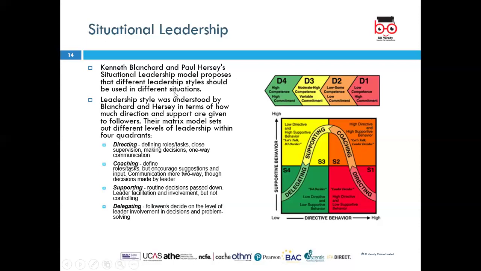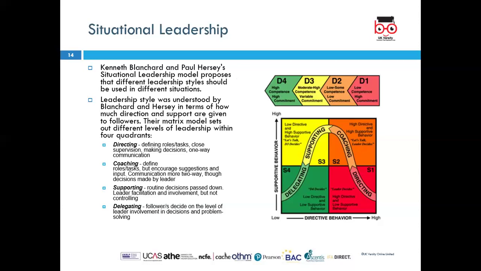So these two persons, Blanchard and Hersey, worked on situational leadership. It's a model that says that different leadership styles should be used in different situations. We've talked a bit about it.